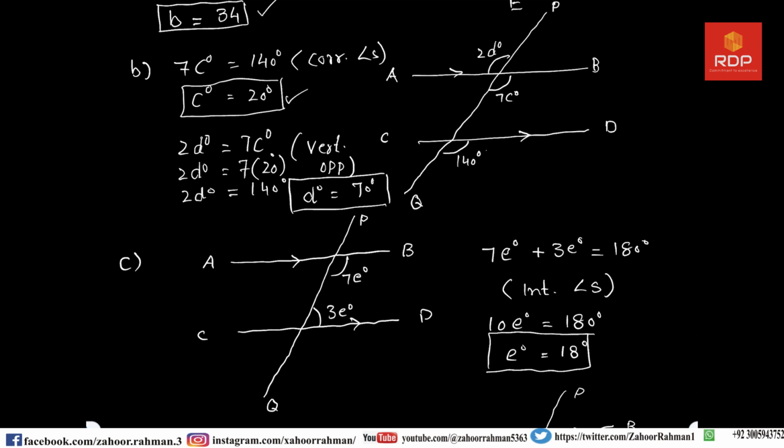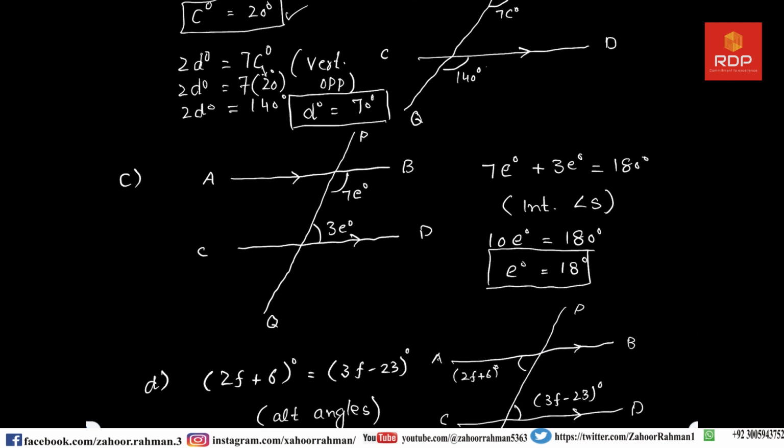We found the value of c, so we inserted it in place of c, and that becomes 140. Now by dividing both sides by 2 we get 70 degree. So the value of d is 70 degree.